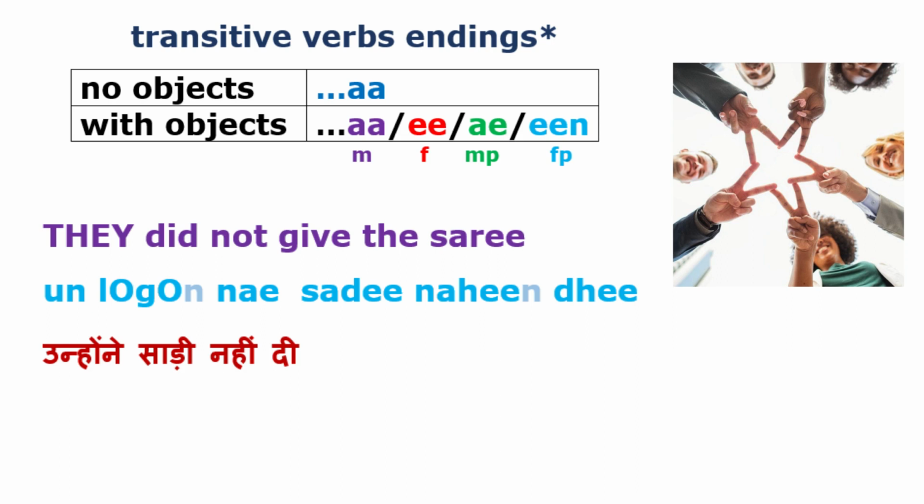To be more precise, we can use un logon ne, that is they folks. Sari nahi di. They did not give sari. Un logon ne, but still the verb is dena. Just bear in mind, the verb dena agrees with sari, and it doesn't matter whether it is he, she, or many people. Sari nahi di.